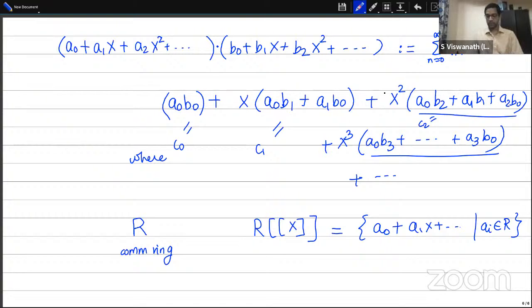Observe that this makes perfect sense over any ring R, because after all, A0, B0 must be defined, and it should be another element of my ring R. So this is again another element of R, because it's a sum of products of elements of R. Similarly, this will certainly be another element of R, and so on. So the product of power series with coefficients in R will turn out again to be an element of R[[x]].